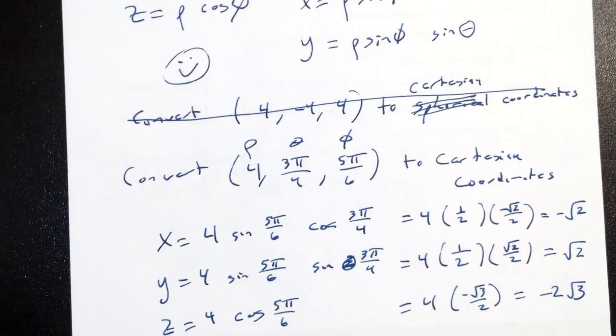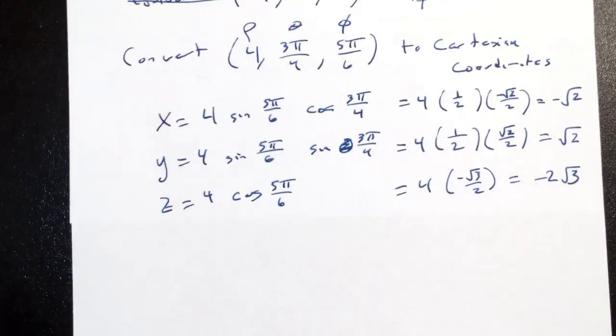Objects that are spherically symmetric are easier in this coordinate system. If I want a sphere, it's really easy.